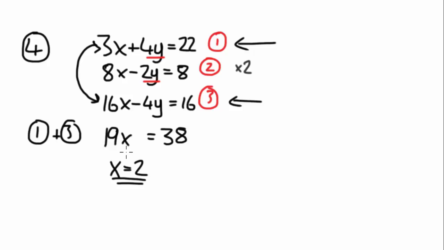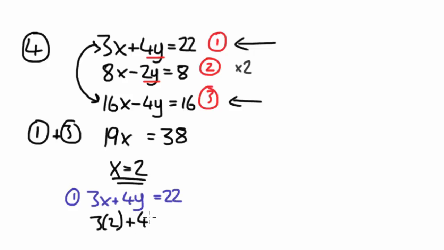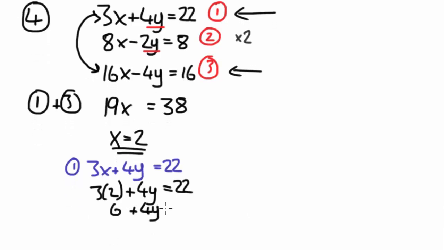What we then need to work out is what y is. So I'm going to take equation 1, which was 3x plus 4y equals 22. We know that x was equal to 2, so 3 times 2 plus 4y equals 22, so 6 plus 4y equals 22.